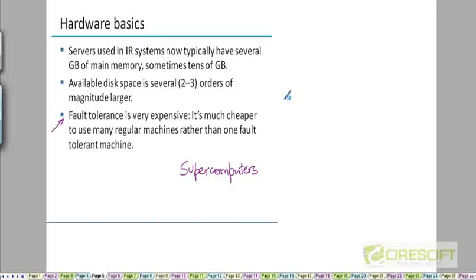But today we've moved more towards distributed computing, where we have a large set of computers, and each computer in that set is just a regular machine. And we don't worry about fault tolerance, because if one of the machines fails, then we can just reassign the task that the machine was doing to some other machine.